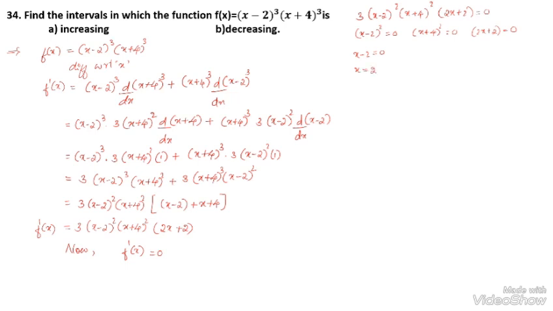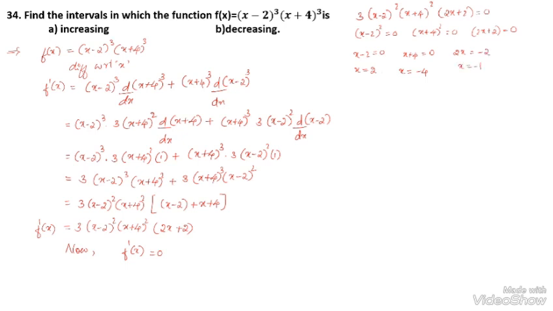Here also x plus 4 is equal to 0, x is equal to minus 4. Here 2x is equal to minus 2, then x becomes minus 1.